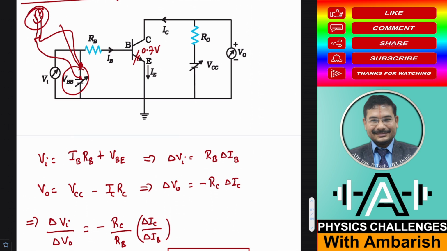So whatever is the voltage signal of the microphone, that gets superposed on the VBB, and these are small signals, they are getting superposed over VBB, and then they are getting amplified. Okay, so this variable battery is shown here, but effectively this is a constant battery plus the voltage signals due to the microphone being superposed on this VBB. You can think of it like that when you are amplifying the sound signal coming from the microphone.